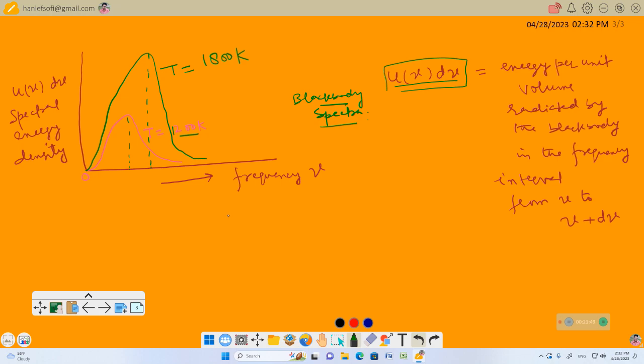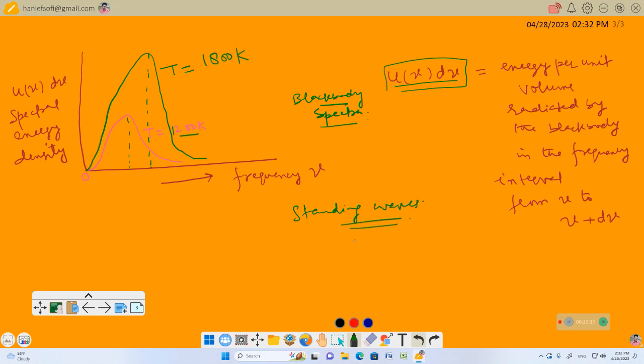Now, what they did, they started by considering the radiation inside a cavity of absolute temperature T, whose walls are perfect reflectors, to be a series of standing waves. I repeat, you must be knowing the idea of standing waves.